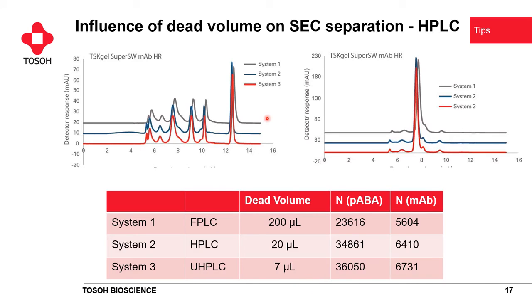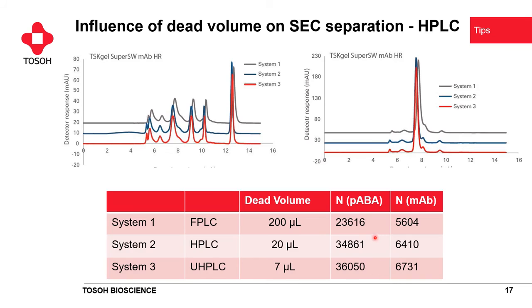We analyzed 2 samples, our protein standard that we already know, and a monoclonal antibody. And what we can see is, if we look here, for instance, in this region, we can separate with a lower dead volume this small shoulder, which is not possible on the FPLC system. Furthermore, we can already see that we have broader peaks in the FPLC system with a higher dead volume.